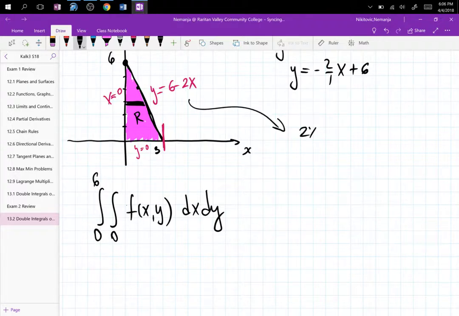We have 2x is equal to 6 minus y. x is equal to 6 minus y over 2. Perfect. So that's 3 minus y over 2. Ta-da! And if you are going, why? Let's see why.